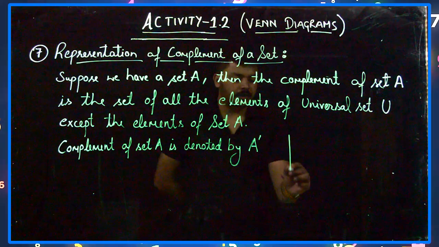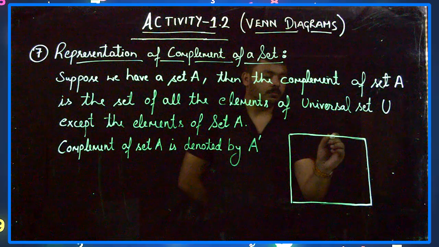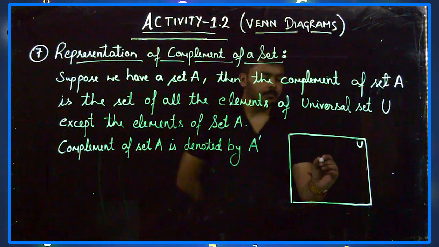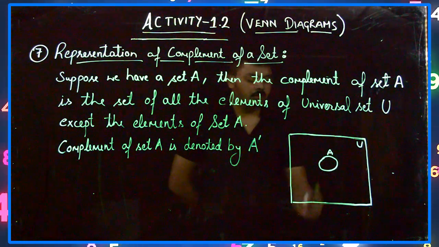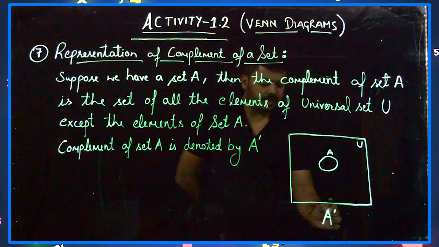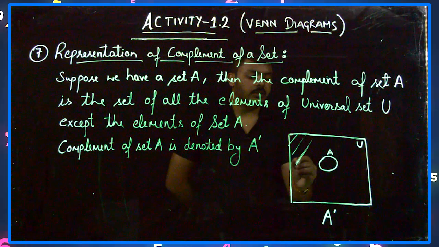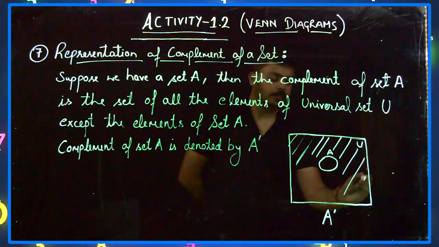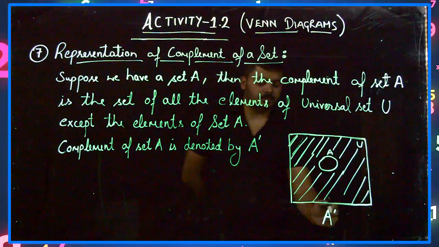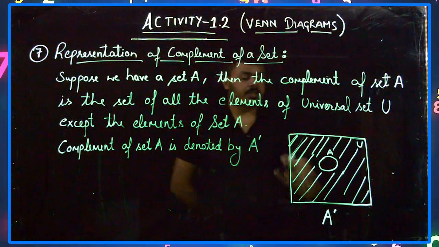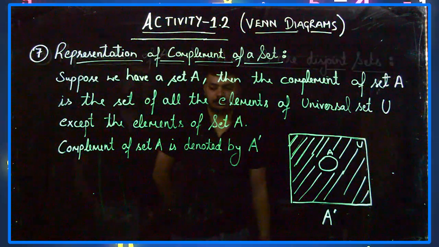So, if we represent it in a Venn diagram, so this is the universal set and this is the set A, then complement of set A is all the elements except set A, that is this shaded region represents A complement, that is it contains all the elements of the universal set except set A elements.